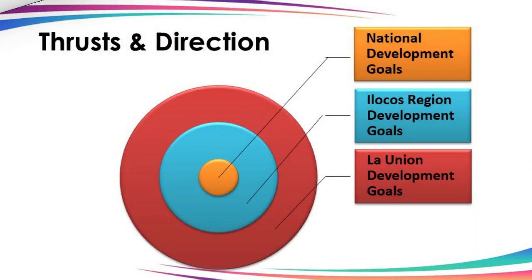The thrusts and direction of the university do not start from nowhere. It is usually shaped by surrounding contexts that provide inputs which serve as basis for the planning outputs.